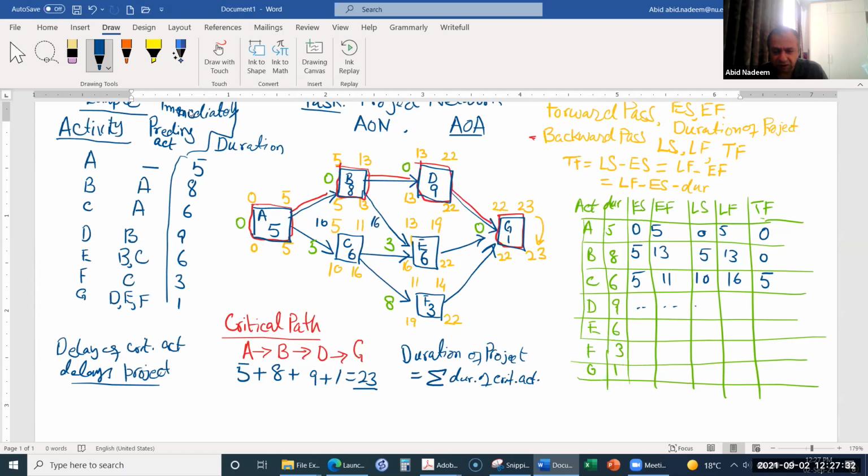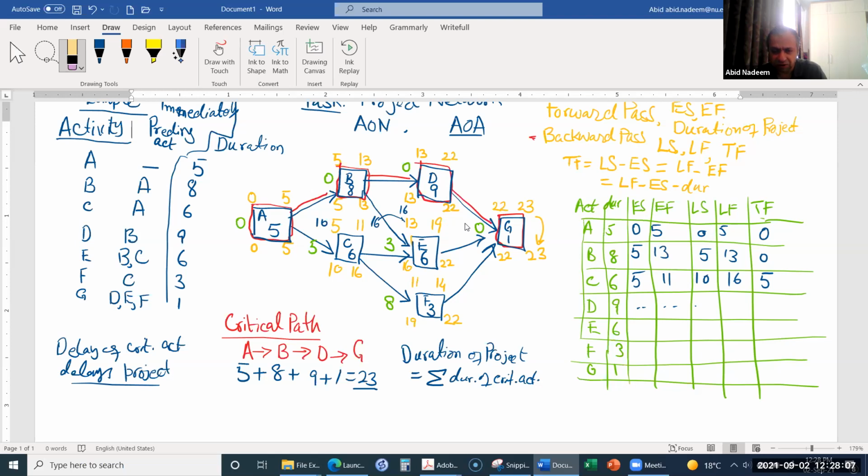And then it is going to delay this next activity, but this next activity is also a non-critical activity. So if it is starting at 16, then 16 plus 6, it will be 22. But 22 is already there from here. So this means that it is not going to delay the project. Okay. So if we delay the activity within their total float, it is not going to delay the project.